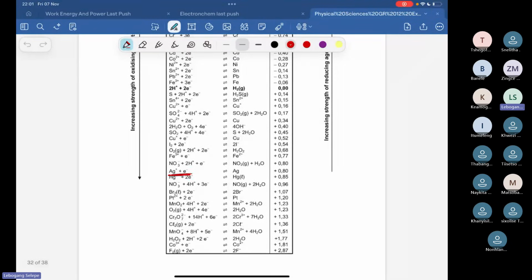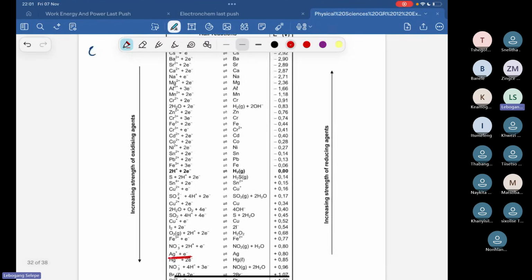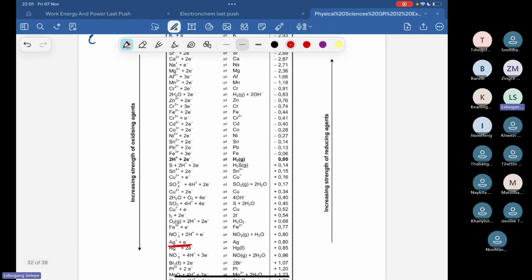Ag is here. Copper 2+ is the copper here, right?